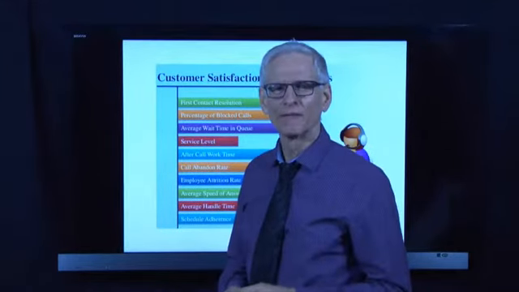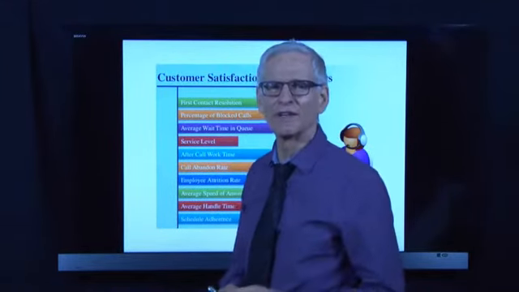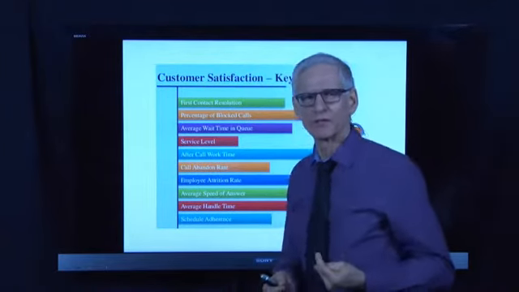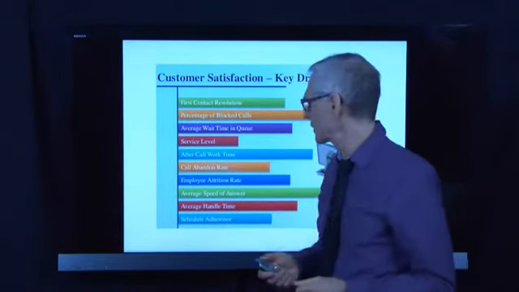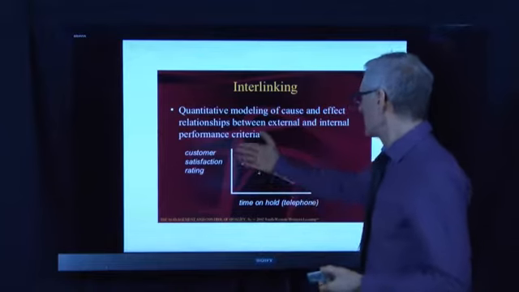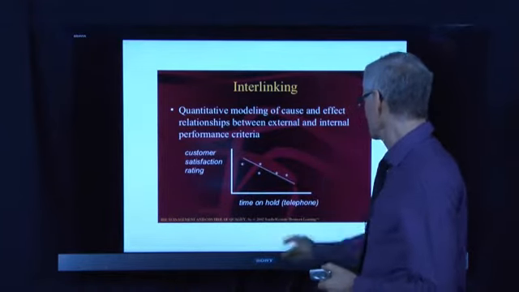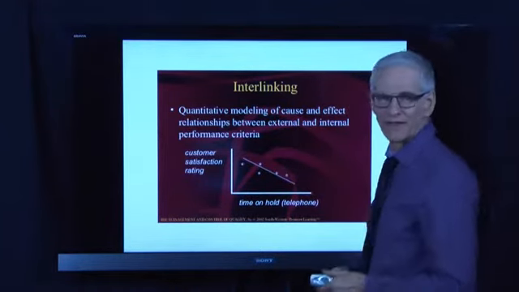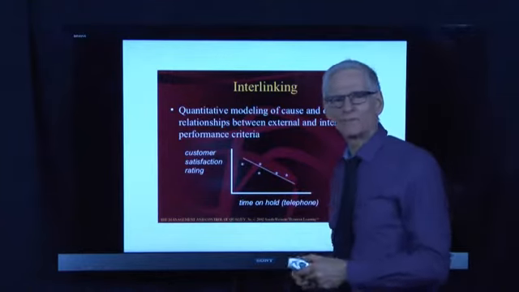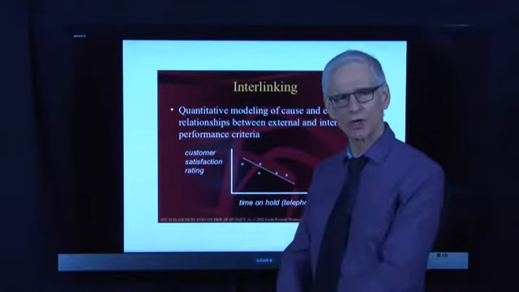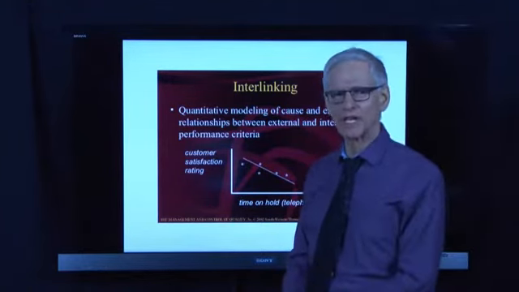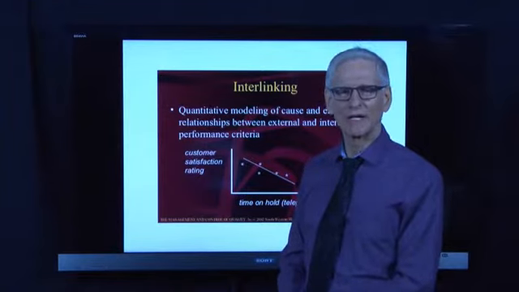Define it better, find the critical element in there, and then find a way to measure it internally that will correlate with customer. For example, our customer satisfaction rating here and time on hold, obviously you would expect that. But the steepness of the curve would be very different from one market segment, from one regional area to another.